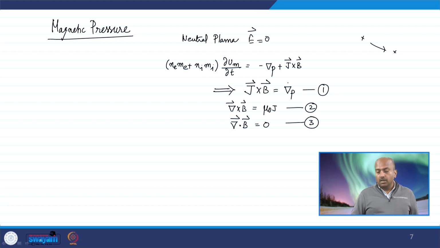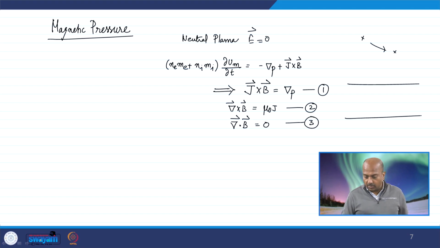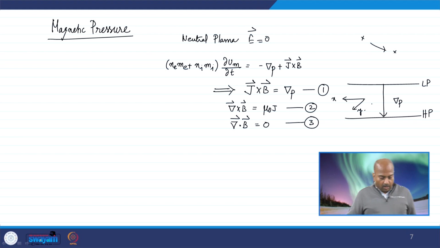You can think of constant pressure surfaces, one a low pressure, another a high pressure. The gradient is towards the high pressure, and let us say this is the direction of the gradient del P. If we take the reference to be this as x and this as y, okay.